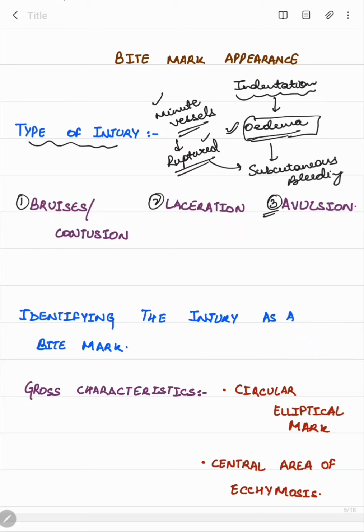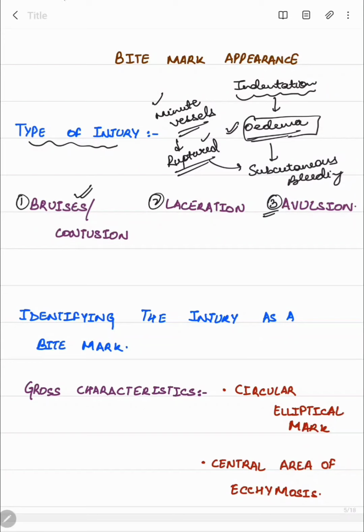It will impart a purplish or reddish color, or discoloration, to that tissue, and this type of injury is known as a bruise or contusion, right?